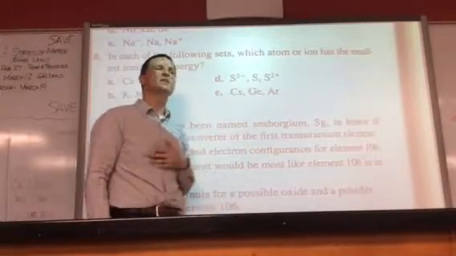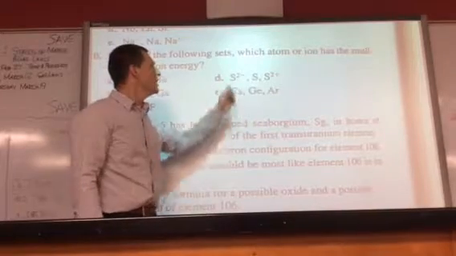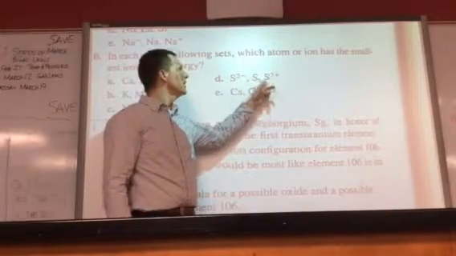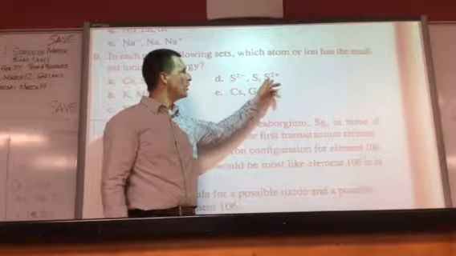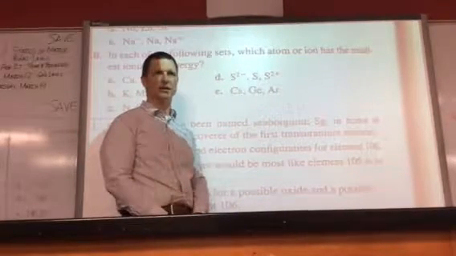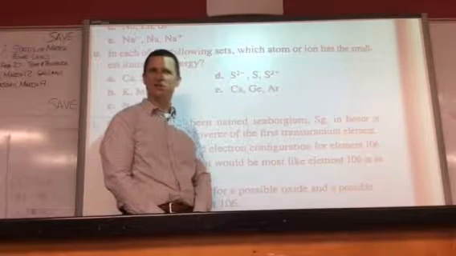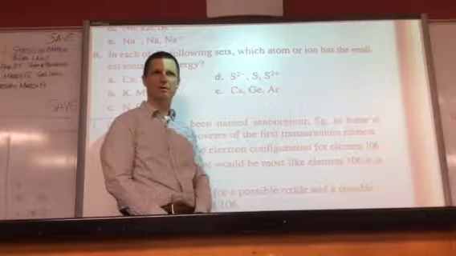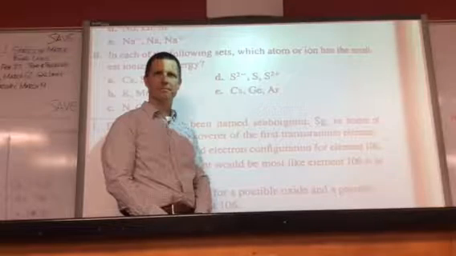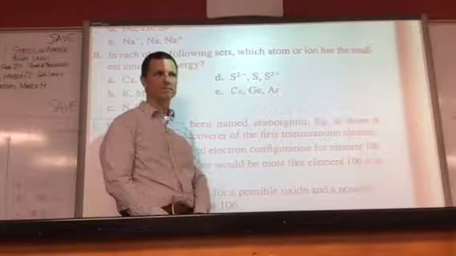Which one is the easiest to remove an electron from? Sulfide with a -2, sulfur when it's neutral, or the sulfur +2 ion. Which one would have the easiest ionization energy? Which one's the easiest to remove an electron from? The -2. Negative.